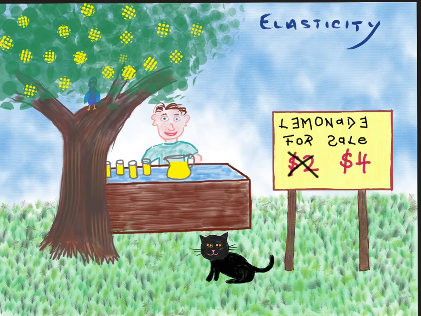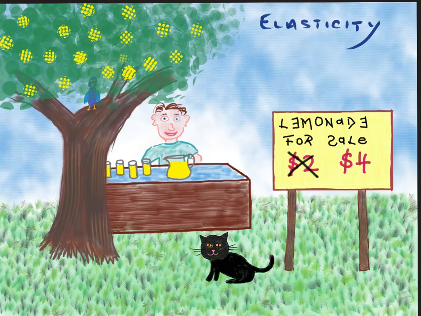So it really depends on how responsive customers are to price changes. And that is a concept that has a particular name in economics. It is called elasticity. Okay, so I've got the word written up here for you all to see. Elasticity, the sensitivity of anything to anything is called the elasticity.